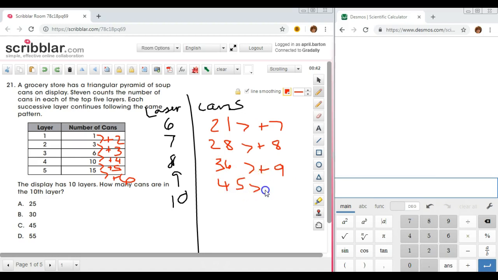And next we add 10, which is 55. So on the 10th layer, there are 55 cans. So when you look at your answers, notice they did include 45, which was one of our layers. It was the 9th layer, but they wanted the 10th, so we go with 55.